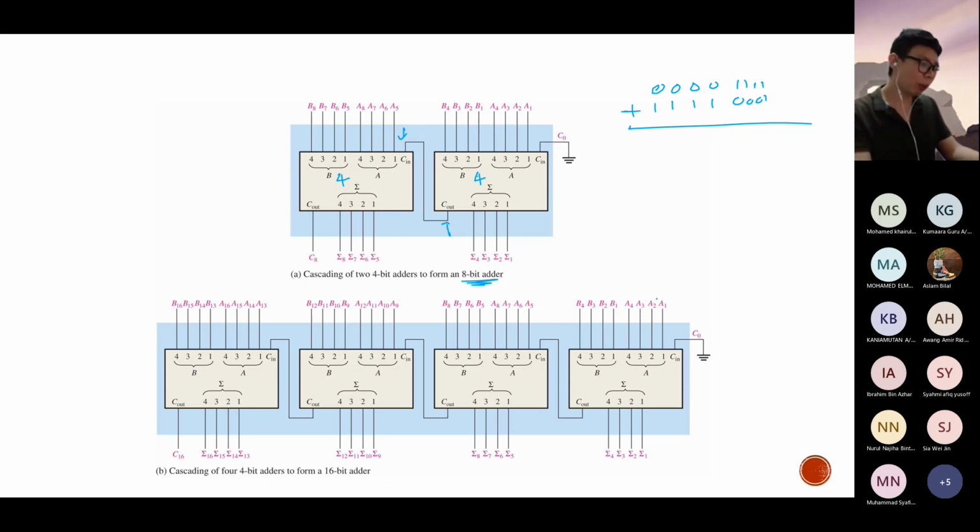So what if you want more? You can cascade them together like this and form a 16-bit adder. What I'm trying to show you today is that this combinational circuit is very beneficial. Why? Can you imagine constructing the K-map of this 16-bit adder?